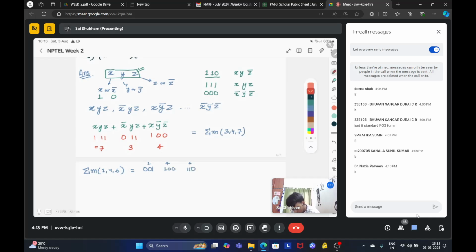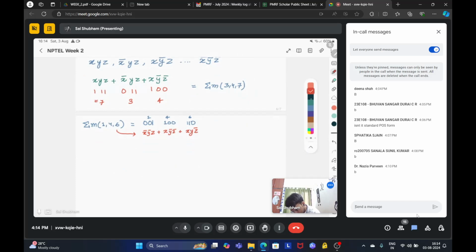When it is 1, it will be that variable; if it is 0, it will be the complement of that variable. So it will be x bar, y bar, z, x, y bar, z bar, and x, y, z bar. So this expression is equivalent to this.